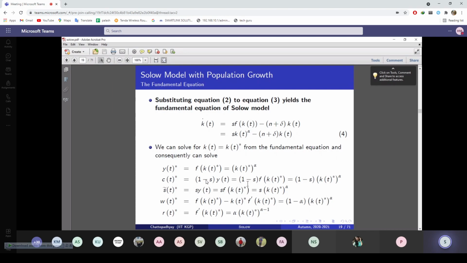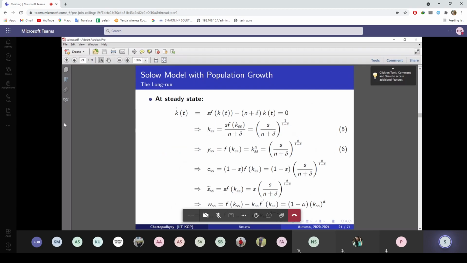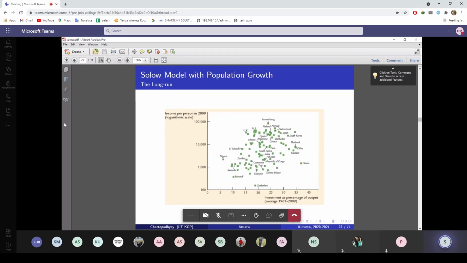And not only that, the solution of capital stock for each and every time period obtained by solving the differential equation allows me to solve output, consumption, savings, wage, and rental for each and every time period. So unless I solve the differential equation, I cannot solve the time path of each and every variable.